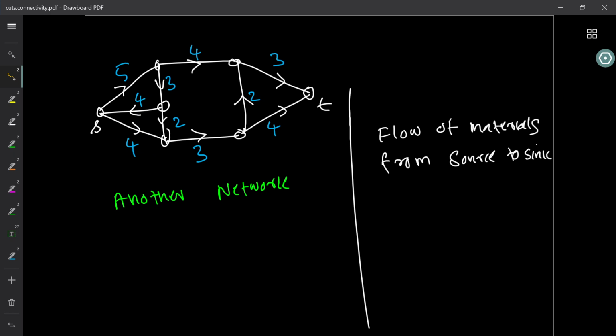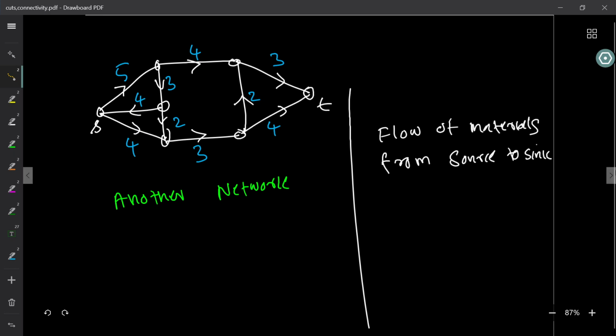Now let us say I send the 5 units here. Where do I send this 5 units from here? Well, this one only takes care of at most 4 units. So 4 units can go from here, but if I send 5 from here to here, it should somehow reach T. If it doesn't reach T, then it's basically a waste.